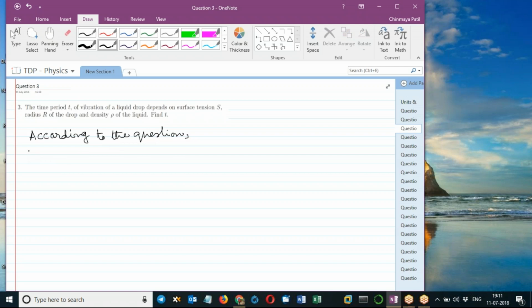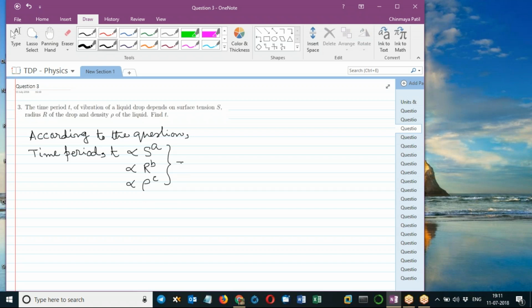We get the time period. Suppose the time period we define as t. It is varying with surface tension S, so S power a; with the radius r, so r power b; and with the density rho, so rho power c.